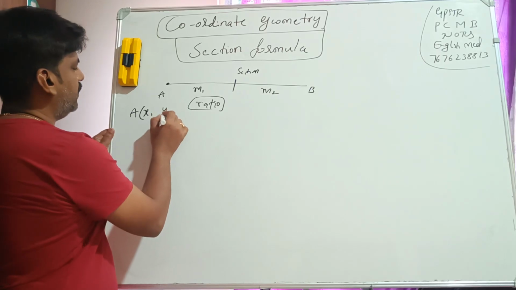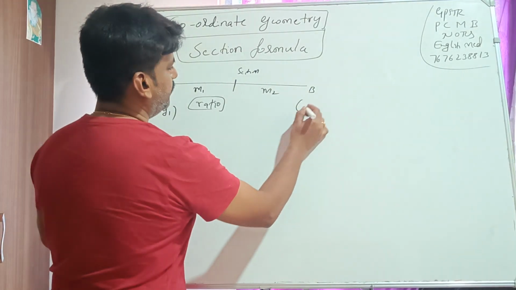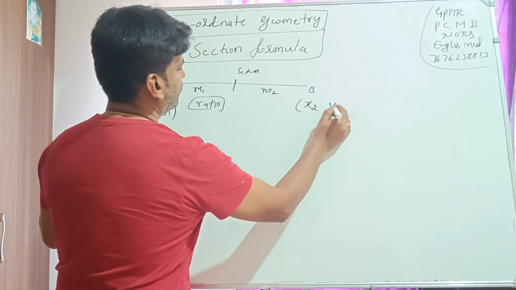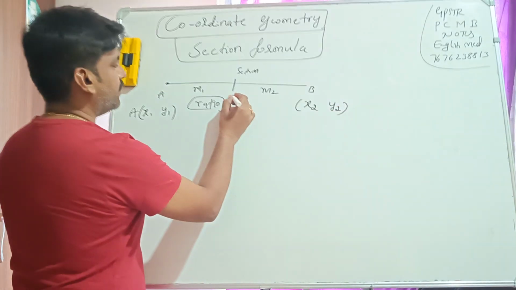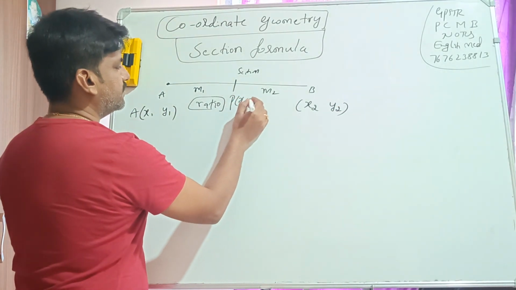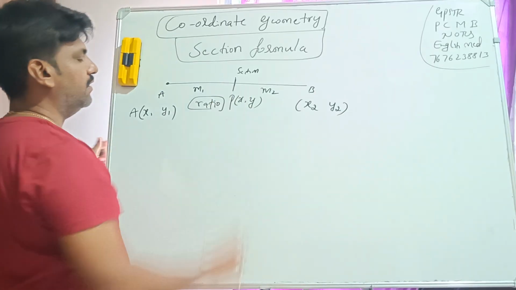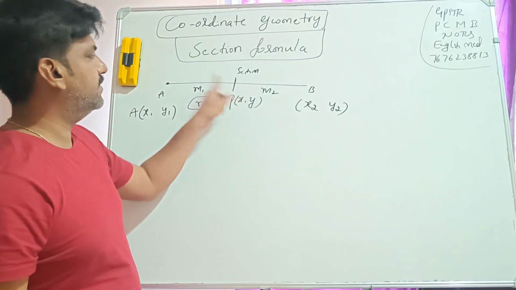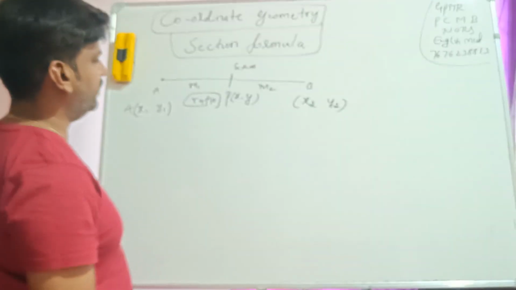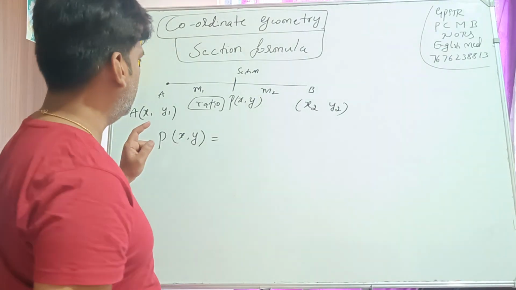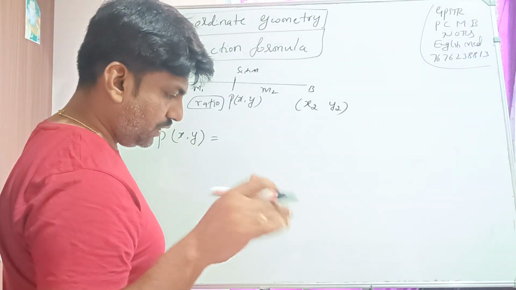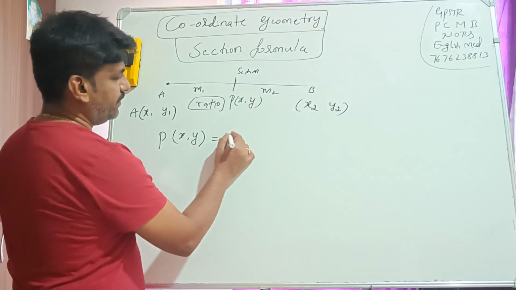So here the point A, I will mention as x1, y1. Here the point P, I will mention as x2, y2. Suppose I want to know what this point P, x, y, which divides the line segment between these two in the ratio, is. Point P x comma y is equal to... So we should write with respect to the x variable as well as the y variable.